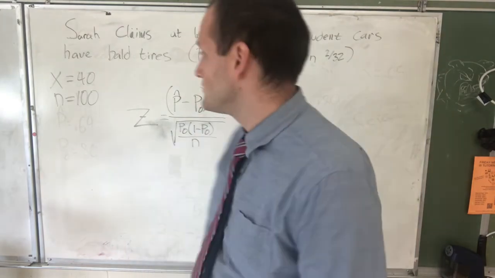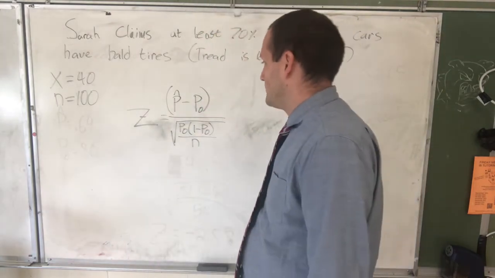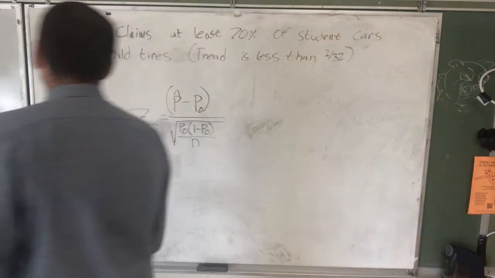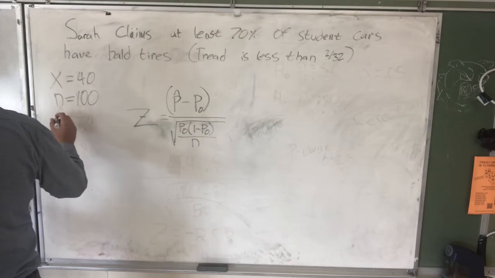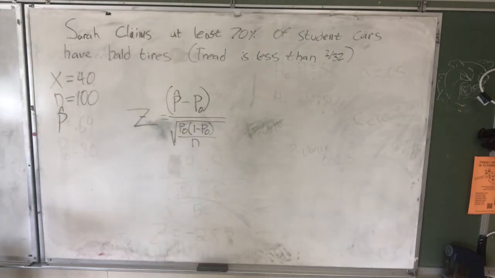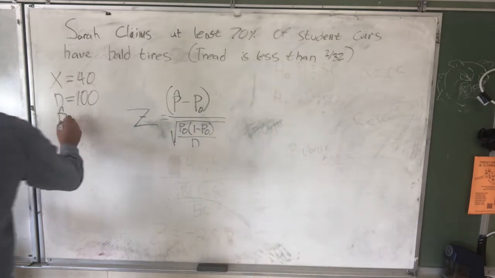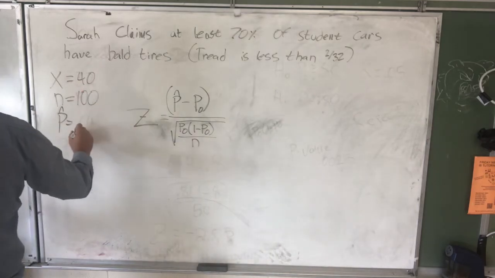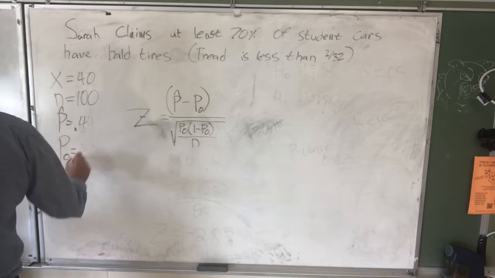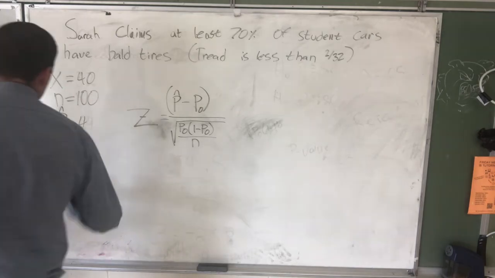Let's go through and do a z-test and see if Sarah's right or if Sarah's wrong. So our p-hat, which is the proportion of our sample, well, 40 divided by 100 is 0.4. Sarah's claim was that it was 0.7.